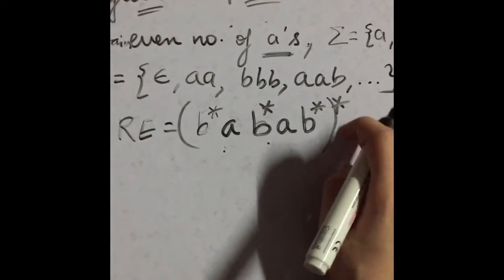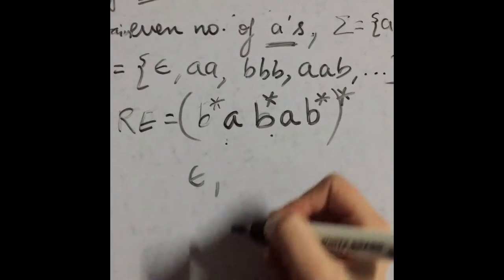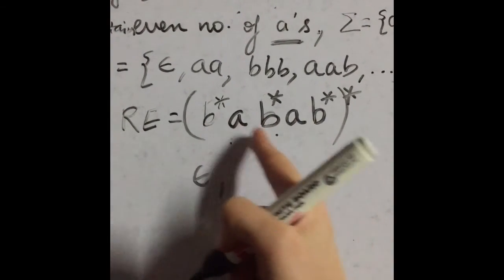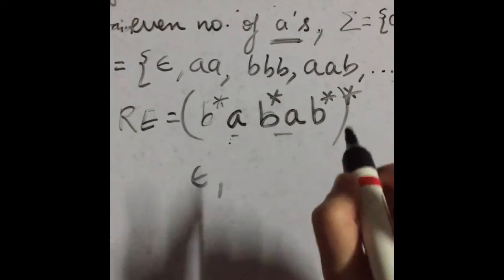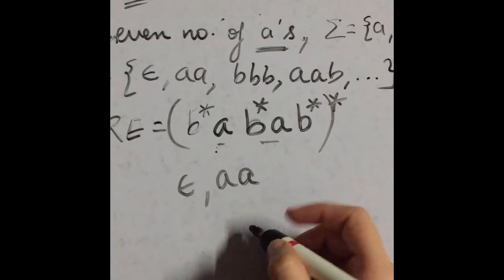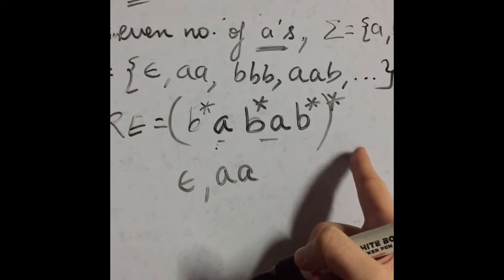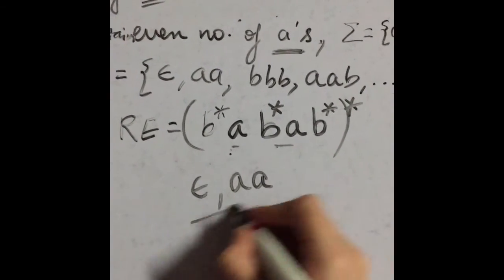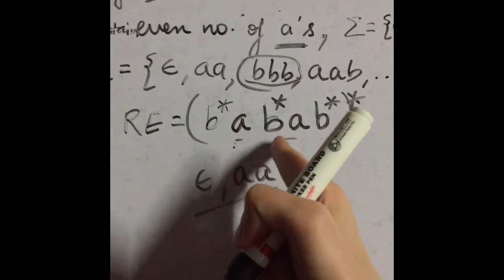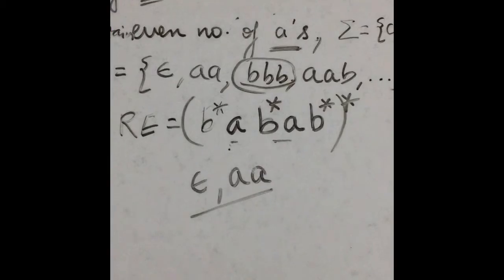Actually, if the star is 0, then null is accepted. If the star is 1, then don't care about b's, just see only a's. You got 2 a's, right? So I think we are wrong. If we want only b's, then this will not give me only b's.